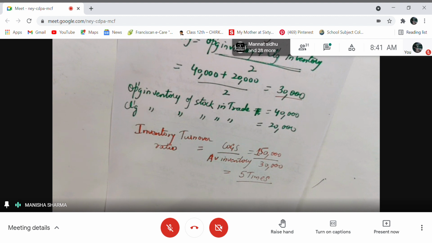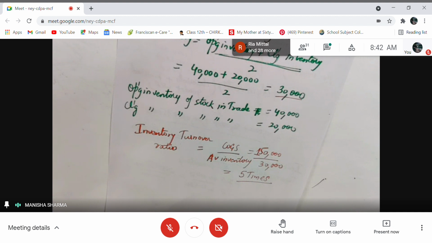So here we don't have simple opening minus closing inventory plus purchases or direct expenses. We have the opening and closing inventory sometimes of all the items here, of the raw material, of the stock in trade, finished goods, and even the work in progress.